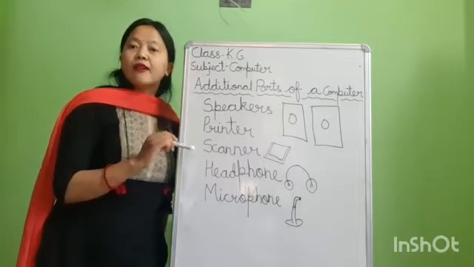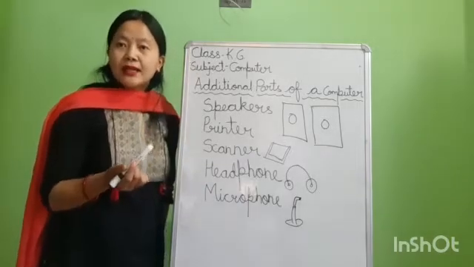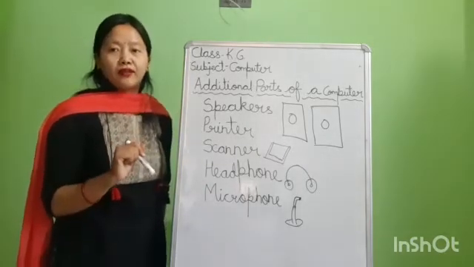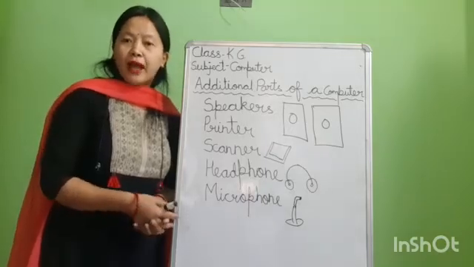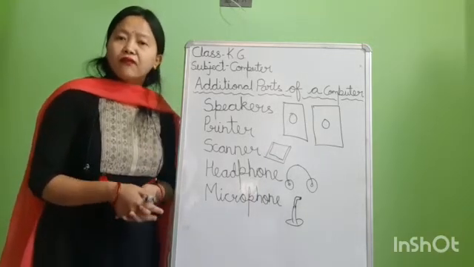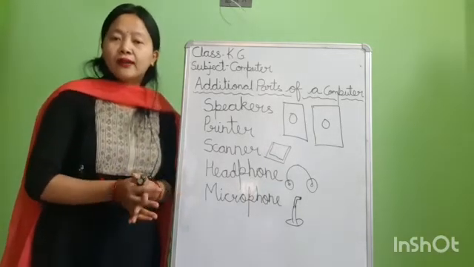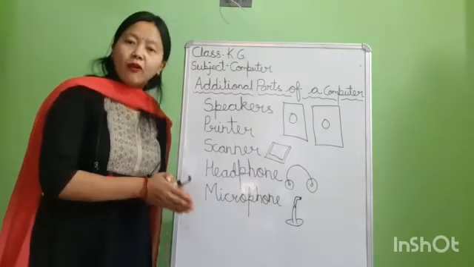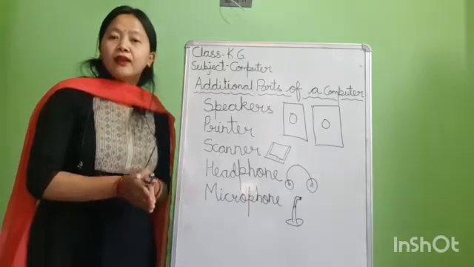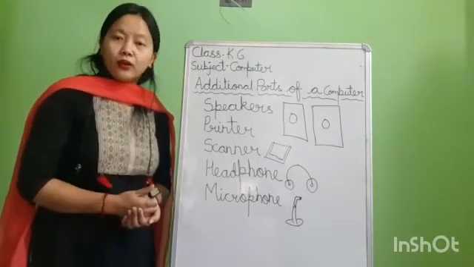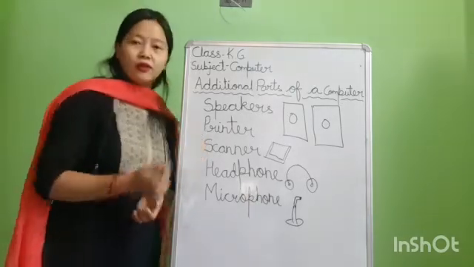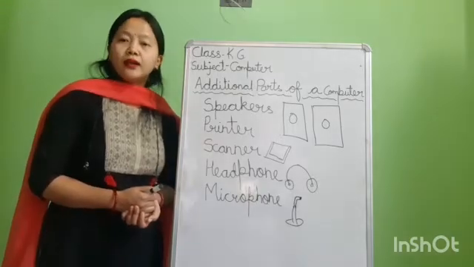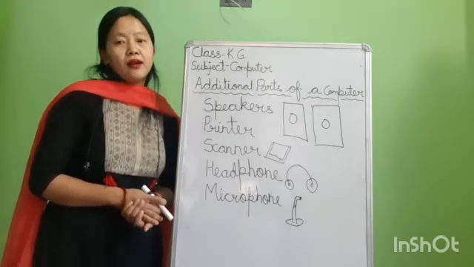Some printers give black and white print, some give colored print. So, children, suppose we have typed something on the computer and we want the hard copy of that data, so we need a printer, because with the help of a printer we can get the printout of that data. Okay, children, so printer is also an important and additional part of the computer.